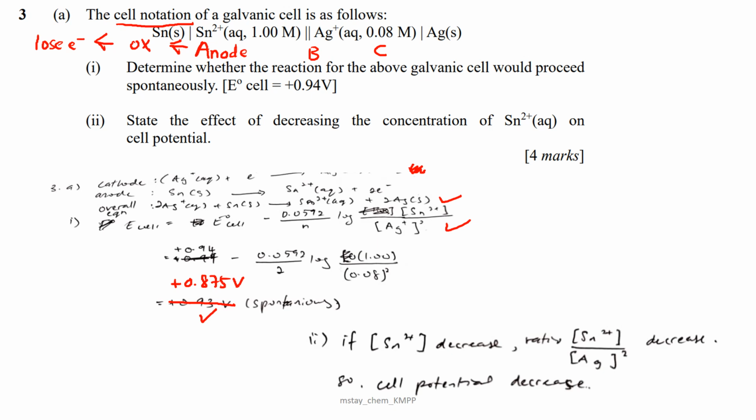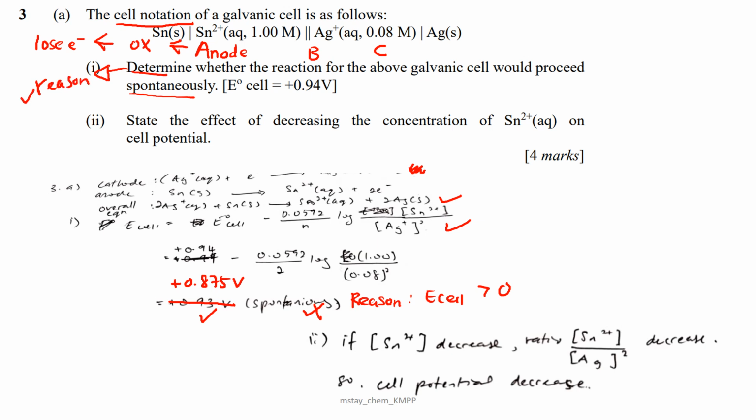Then the question asks us to determine whether it is spontaneous or not. So you mention spontaneous, with the reason E cell more than 0. For this question, the student cannot get the marks for spontaneous because there is no explanation. Normally, if the question uses the term determine, it means that you need to give the reason.